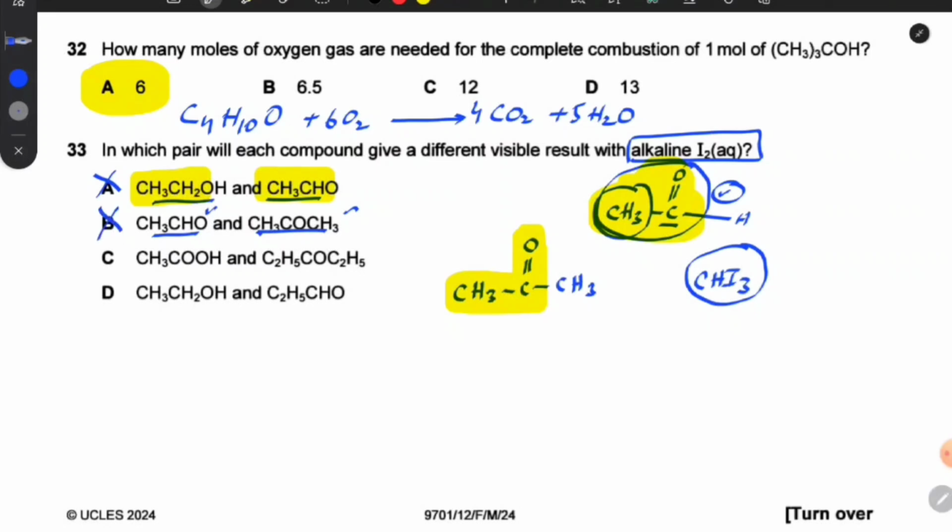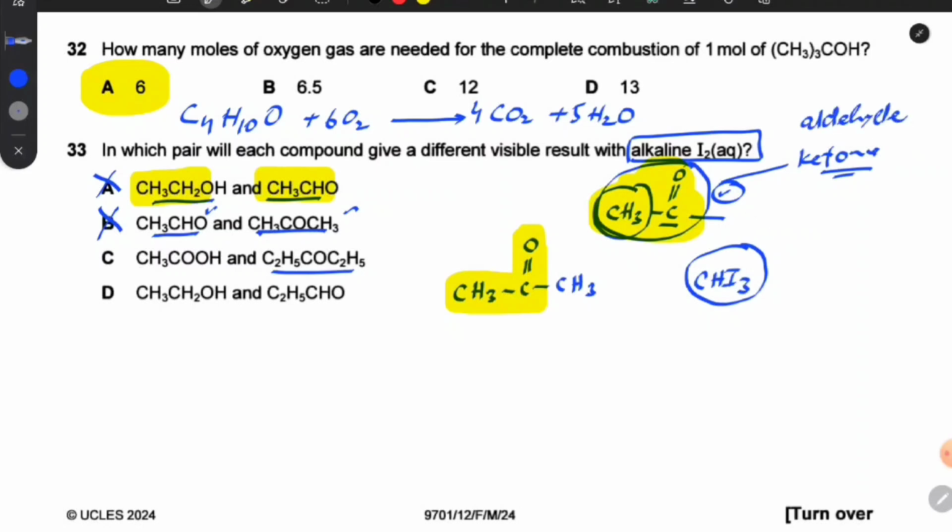Then option C is where now this is a carboxylic acid and this one is an ester. Now, to give the test, the structure should be a ketone where this carbon is directly attached to a CH3 group, or it could be an aldehyde.